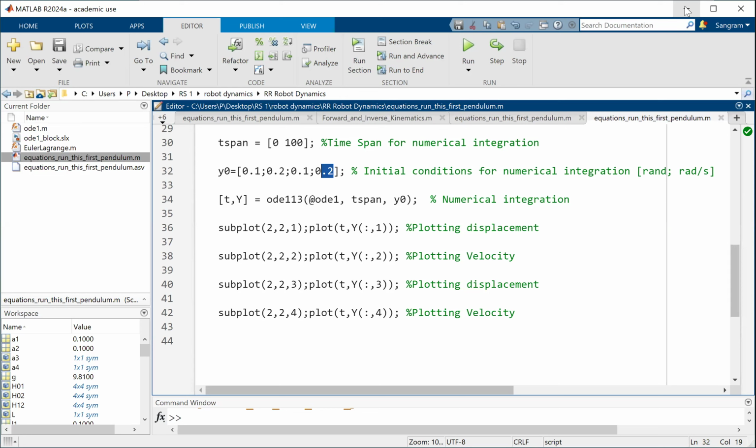So now let me solve. Does it work? Try doing that and tell me, does it work or it doesn't work?